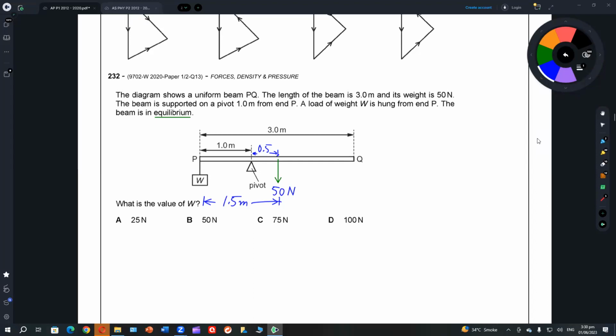Now I've shown the working, and can you help me to write down the equation now? So W into 1 is equal to 50 into 0.5. 50 into 0.5 is coming as 25 Newton.